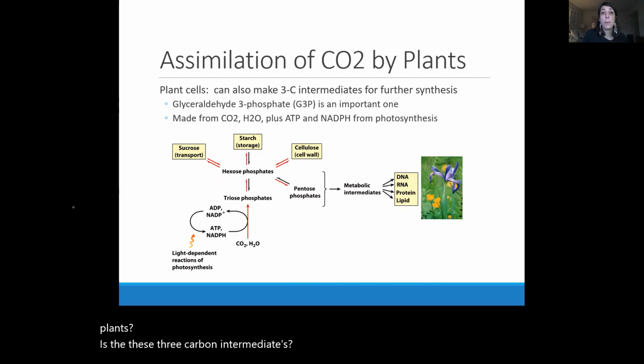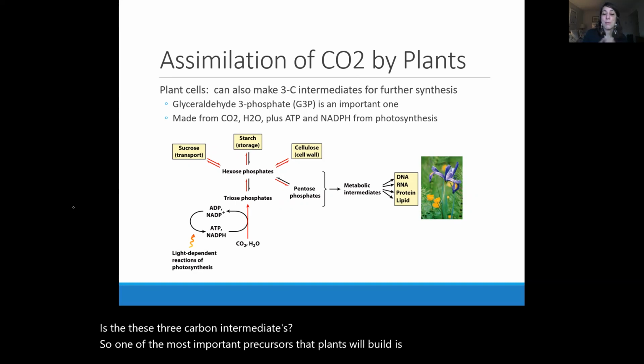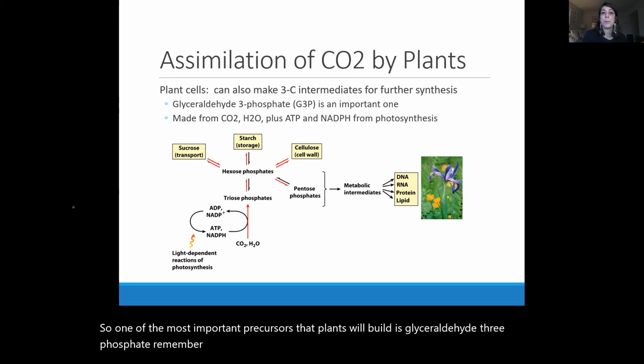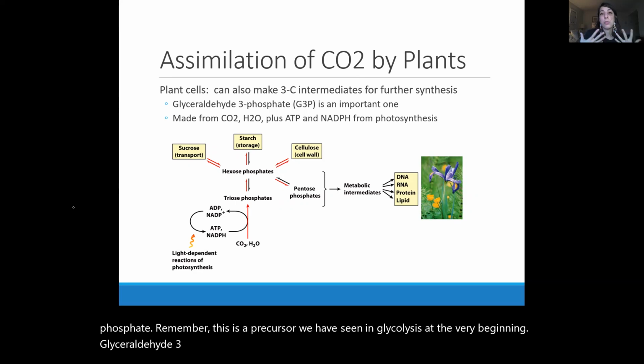So one of the most important precursors that plants will build is glyceraldehyde 3-phosphate. Remember, this is a precursor we have seen in glycolysis at the very beginning. Glyceraldehyde 3-phosphate and other triose phosphates. All this means triose just means 3 carbon phosphates.